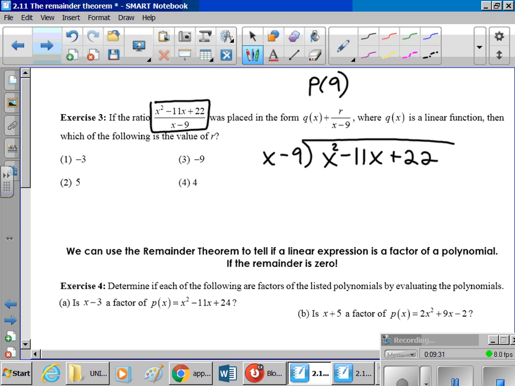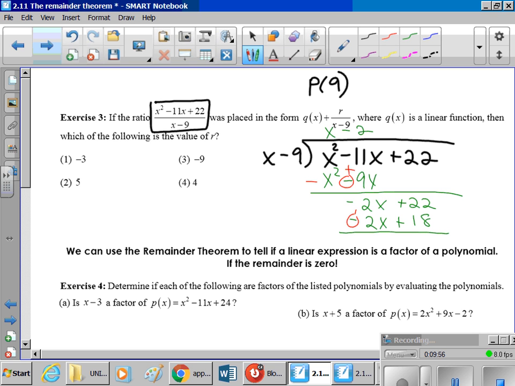So if we do this, we get x squared minus 9x. We change the signs to minus and plus. So we get minus 2x plus 22 minus 2, which is minus 2x plus 18. Change the signs to plus and minus, and we get positive 4.